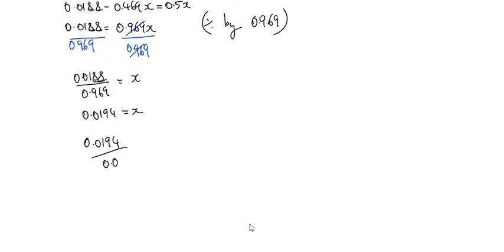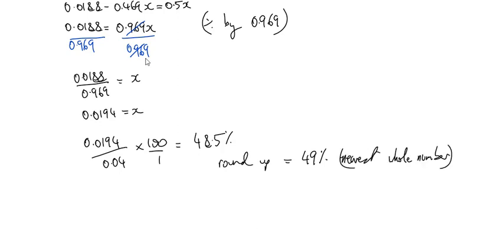So we'll put 0.0194 over the initial concentration of 0.04 and get the percentage of that, 48.5%. And we're asked in the question to express this as the nearest whole number. So that's the nearest whole number, 49%.